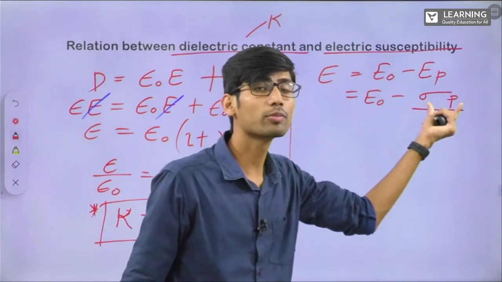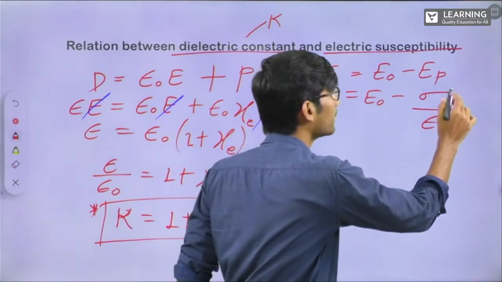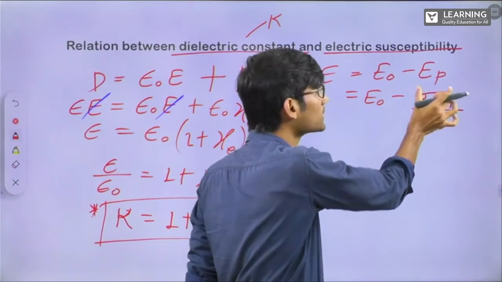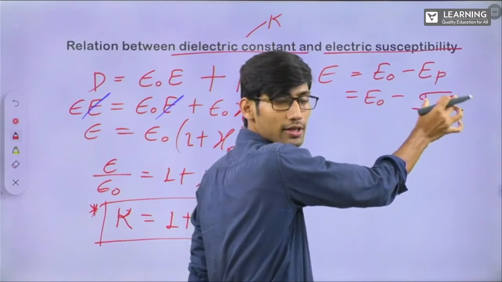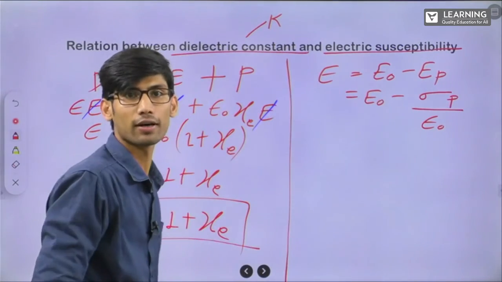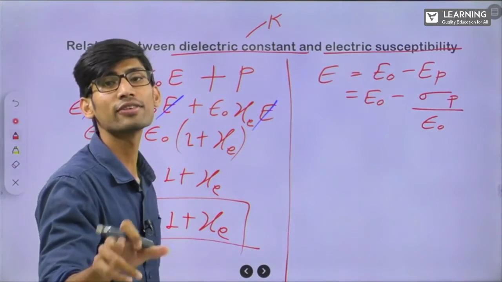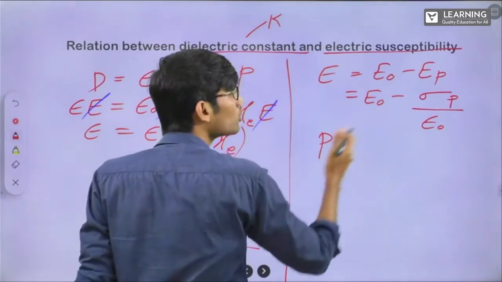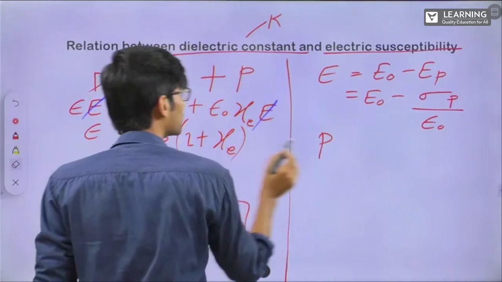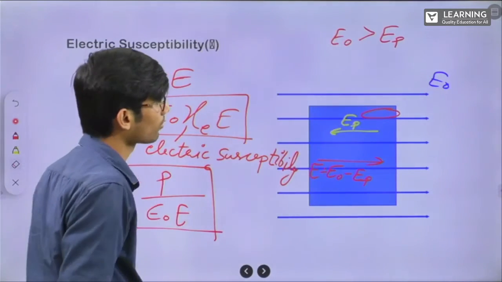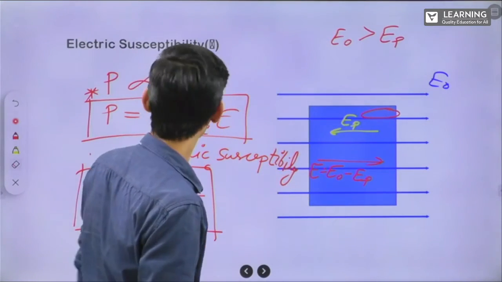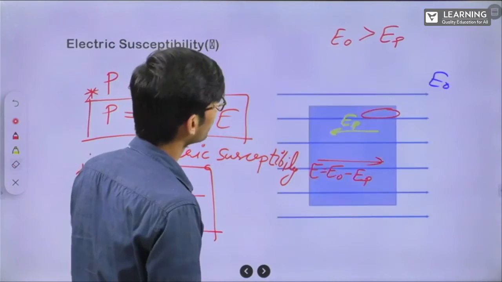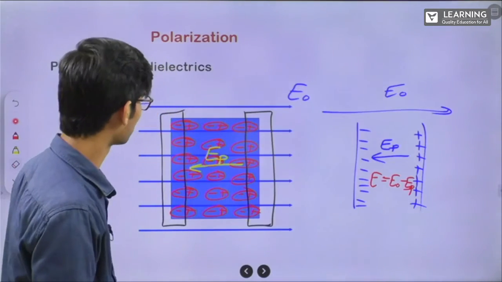Now this sigma due to polarization I can write as P. This is polarization only. This sigma is charge per unit area, right? Surface charge density. Polarization is also surface charge density. These two are the same things. I'll show you how. One more thing I wanted to tell you here.